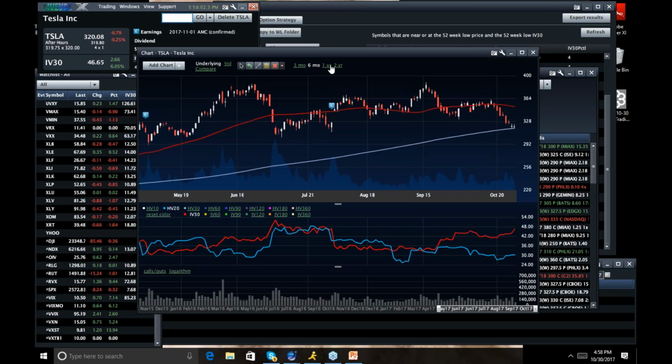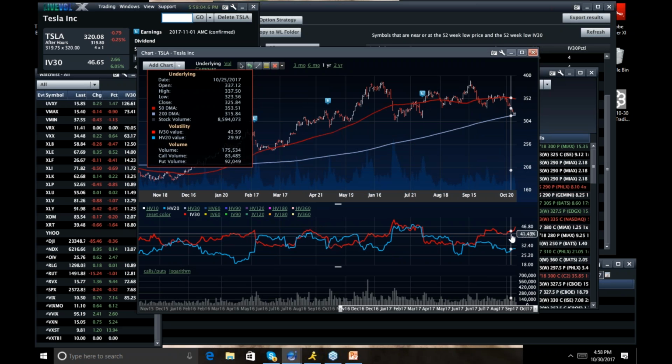And the volatility is pretty high. For an earnings cycle, this is the highest vol's been all year.